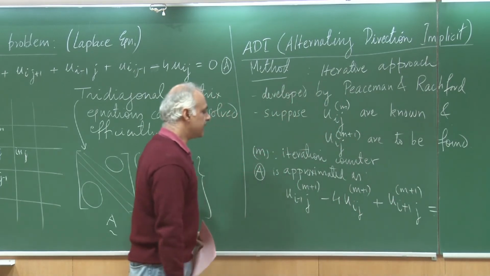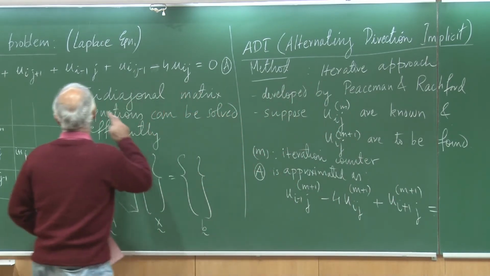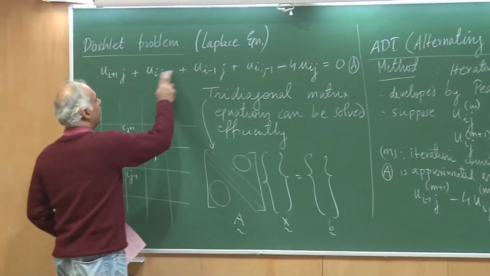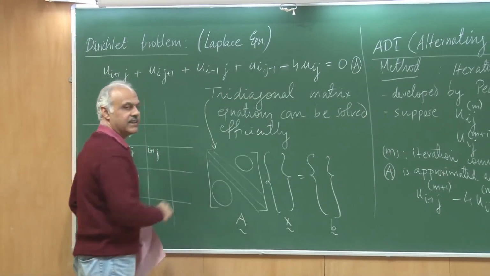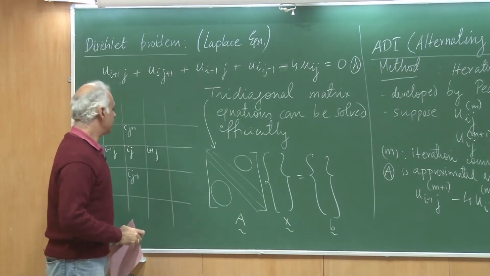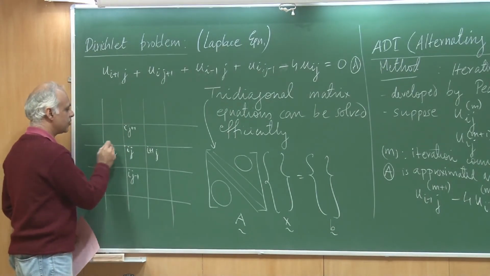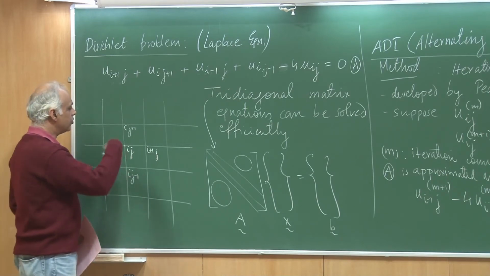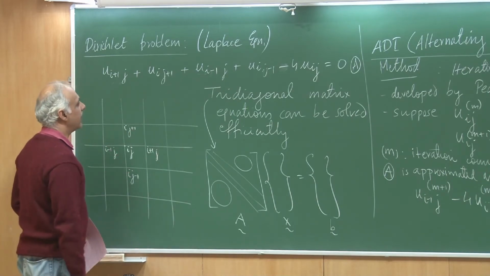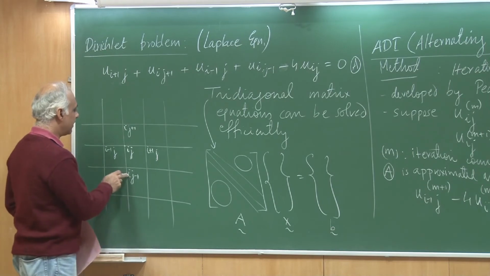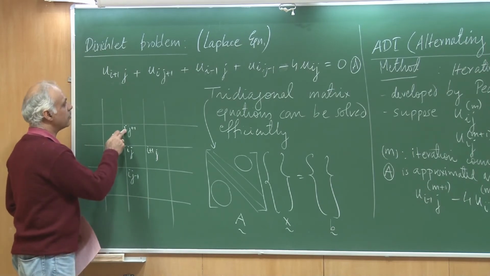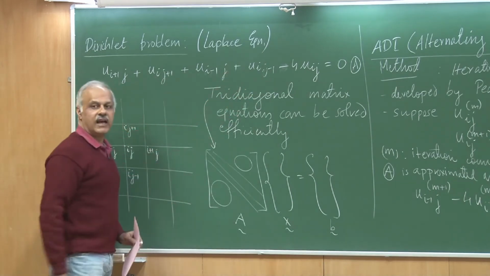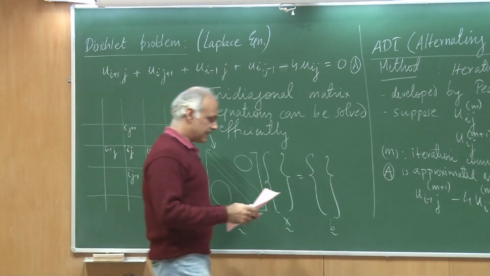So I will assume that these are unknowns. Out of these 5 values, the i plus 1, the i minus 1 and of course the (i,j) will be assumed to be unknowns. In this row, I will assume that the others are frozen, and I will use them from the m iteration level. So I will transfer the (i,j+1) and the (i,j-1) values as known values to the right hand side.